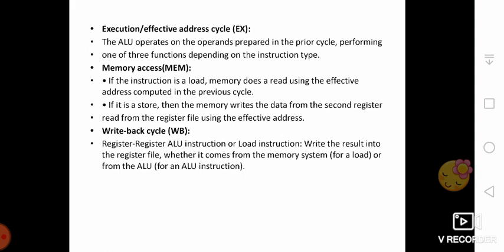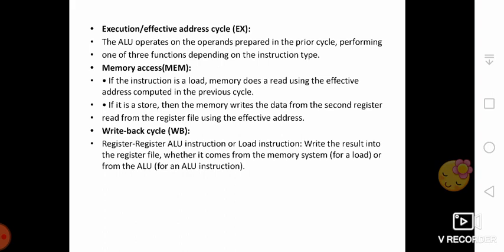For register-to-register ALU instructions, the ALU performs the operation specified by the ALU opcode on the values read from the register file. For register-immediate ALU instructions, the ALU performs the operation specified by the ALU opcode on the first value read from the register file and the sign-extended immediate.